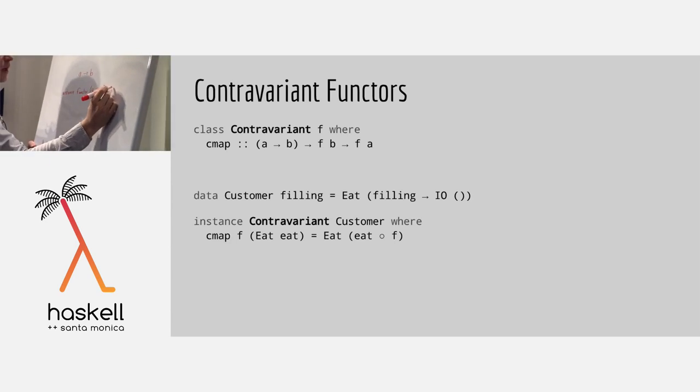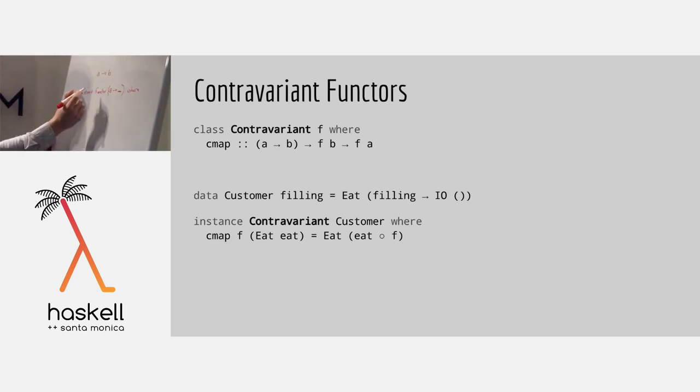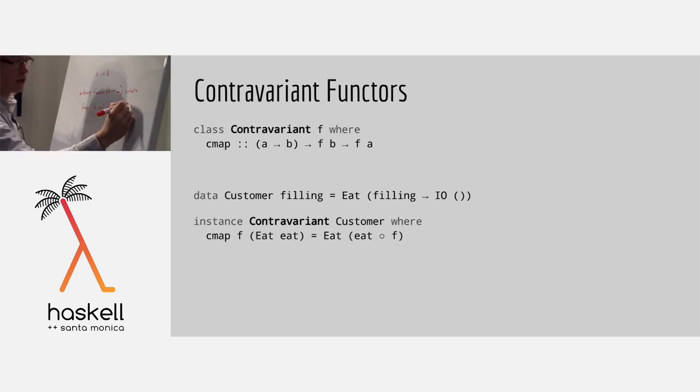Then let's give a type signature to fmap. fmap says if you give me an x to a y, and I give you an f of x, so that's going to be A to x, then you get an f of y back. So that's an A to y. So we need to implement this.